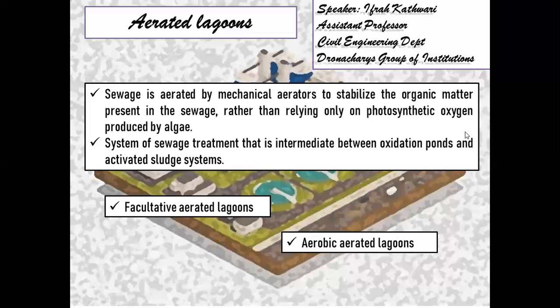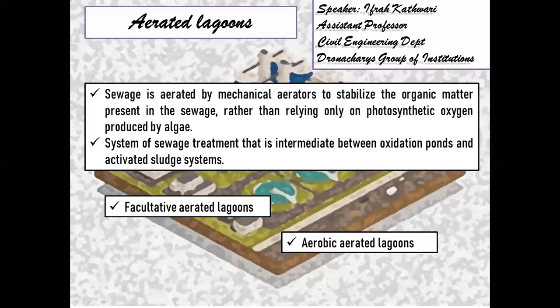The lower layer will be anoxic, or we can say it may be anaerobic, and the upper layers may be aerobic. So the lower part will be anoxic or anaerobic, and the upper part will be aerobic. That is why it is known as a facultative aerated lagoon.